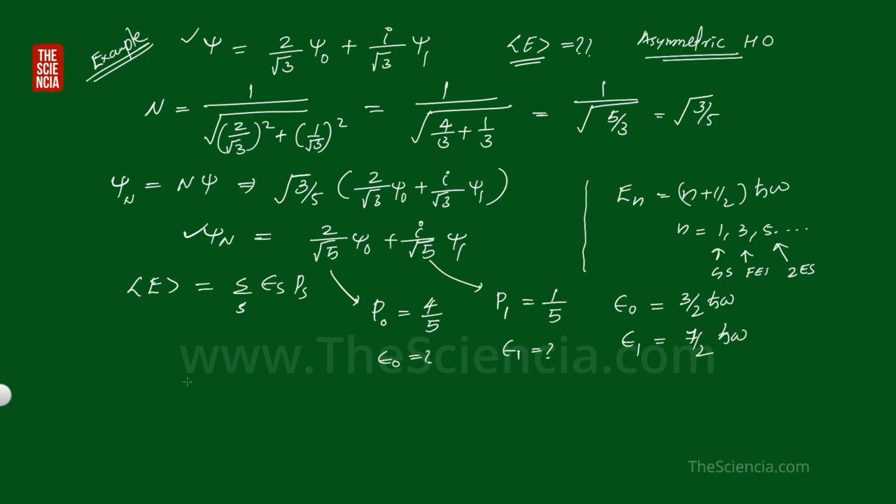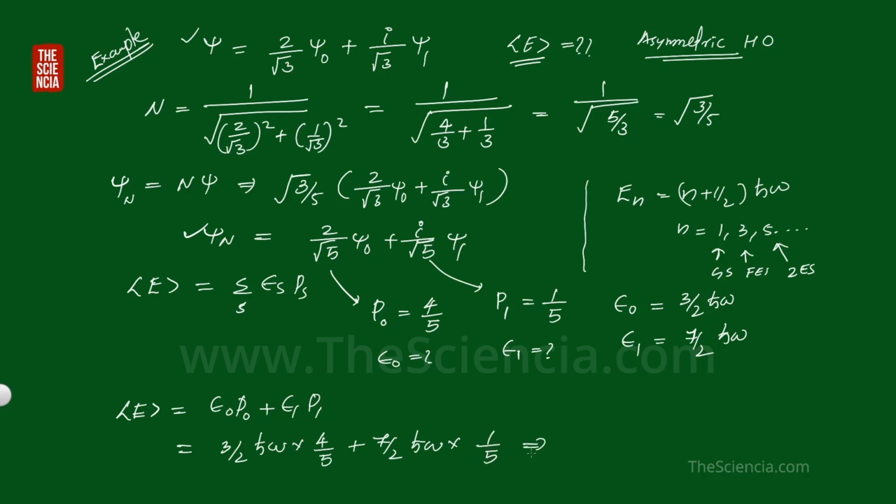Now we can substitute all these values in this expression. The expectation value of E is equal to the summation of E_s P_s, that is E0 P0 plus E1 P1. That is equal to 3 by 2 h cross omega into P0, that is 4 by 5, plus E1, that is 7 by 2 h cross omega into P1, that is 1 by 5.